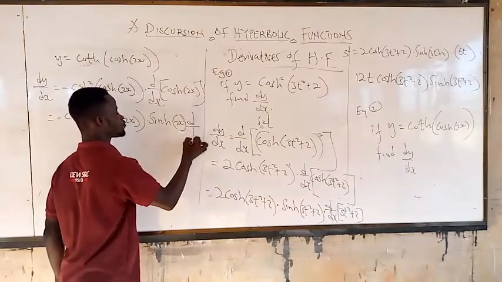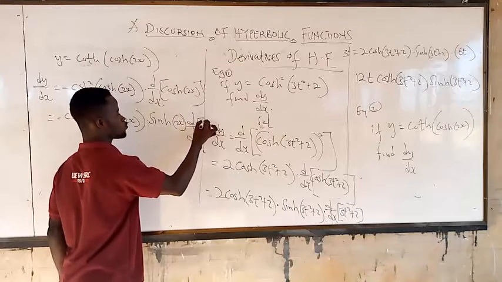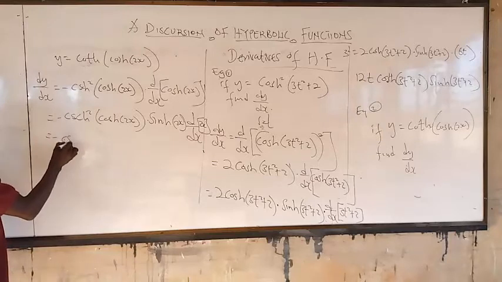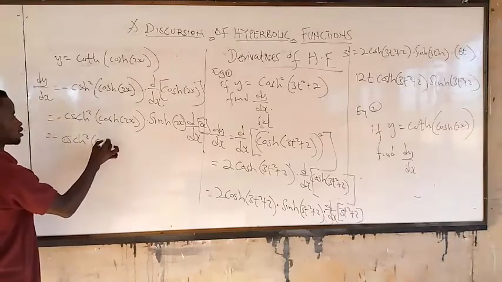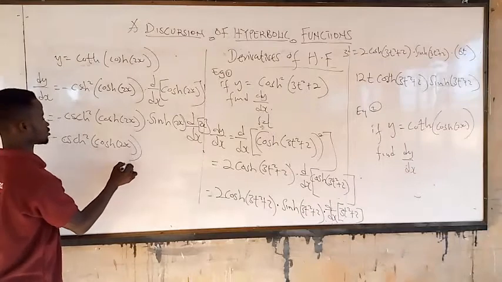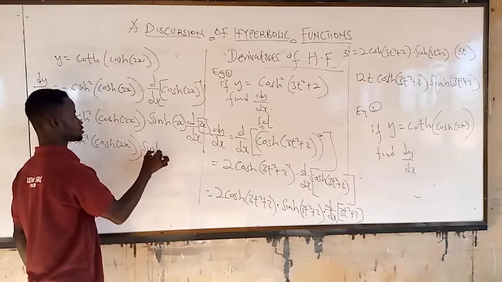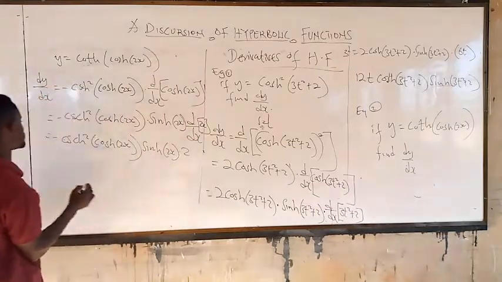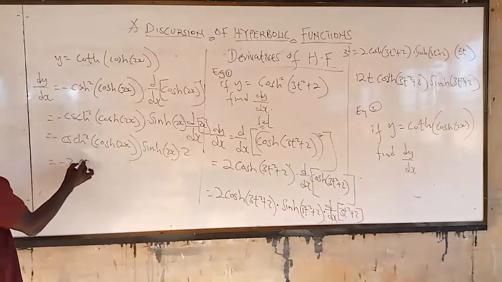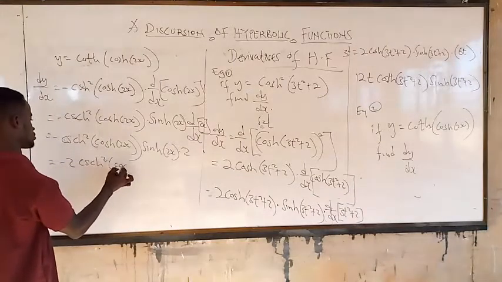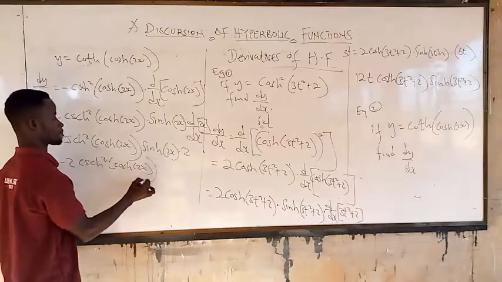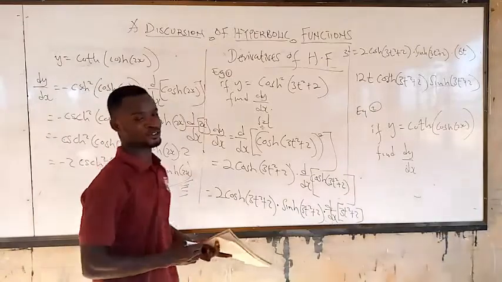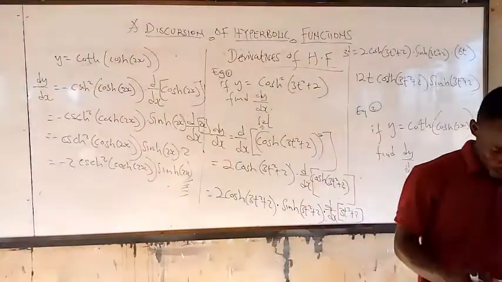The derivative of the inside of 2x, and that is negative cosec square cos 2x, and this will repeat. What you have here is 2. So we get negative 2, and beautiful. So that's the final answer for that.